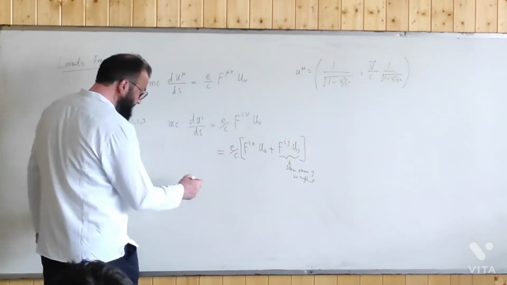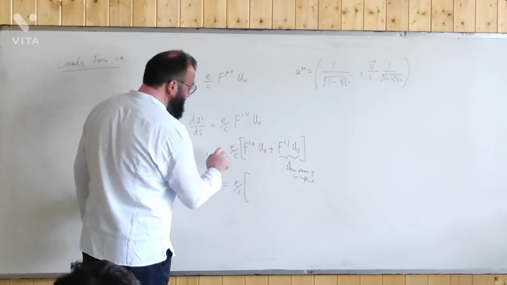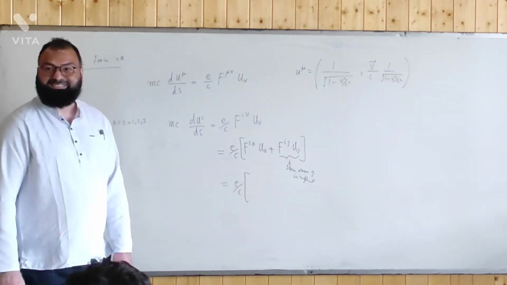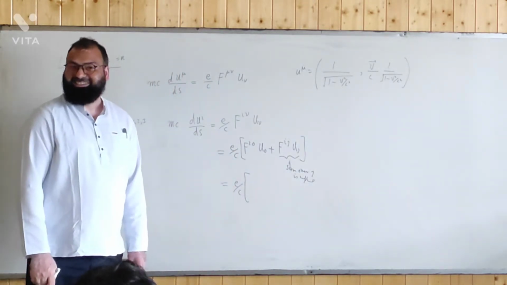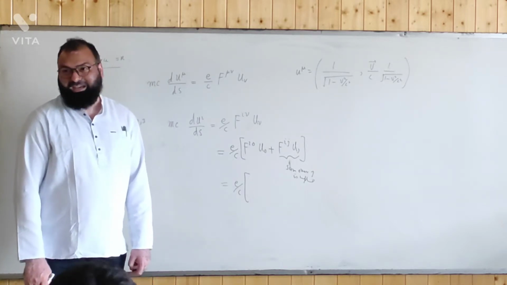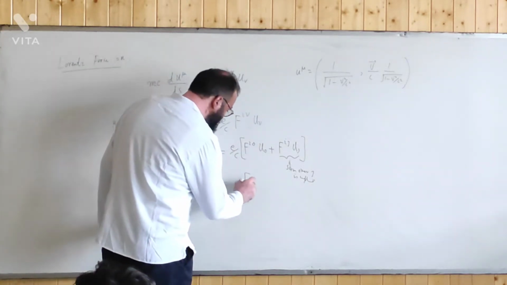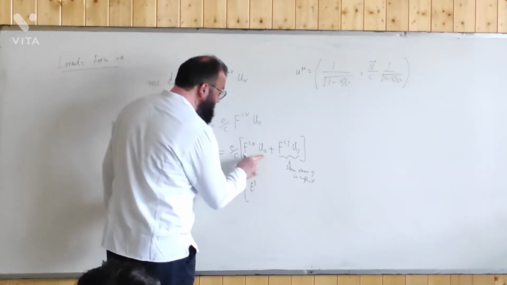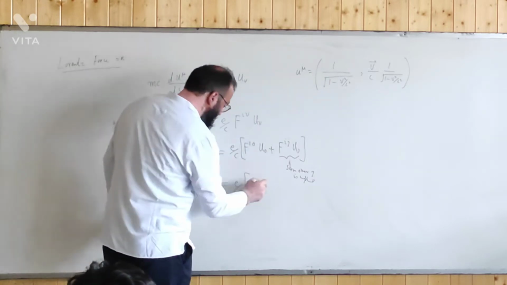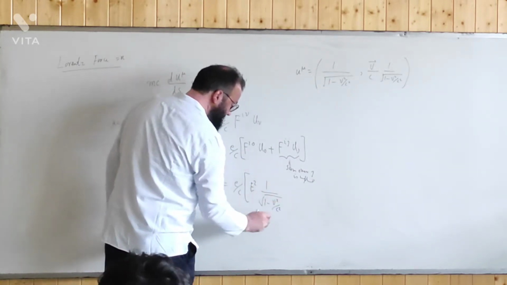So let's write the right hand side first. It is e by c. Now tell me, what is F^i0? Yesterday we have done it. It is simply the ith component of the electric field, is it? Okay, so F^i0 is simply E_i. What is u0? 1 divided by root of 1 minus v square by c square.